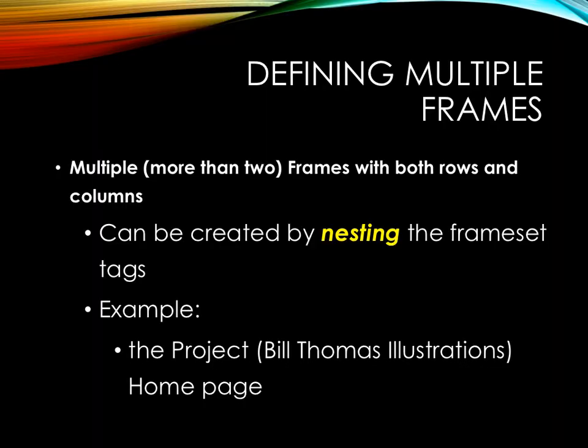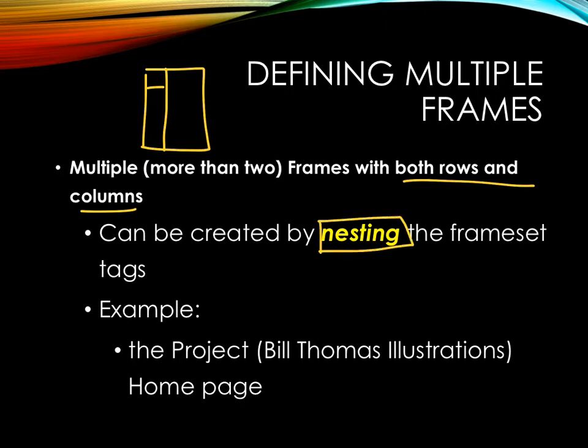Now, as a final note, more than 2 frames with rows and columns, like we saw with the Bill Thomas illustrations, can be created by nesting the frame set tags inside of each other. So that's where we have a frame set tag within a frame set tag to break that row or column up even further. If you want to break it up into more than 2, you're going to have to plan by nesting those frame set tags inside of each other.